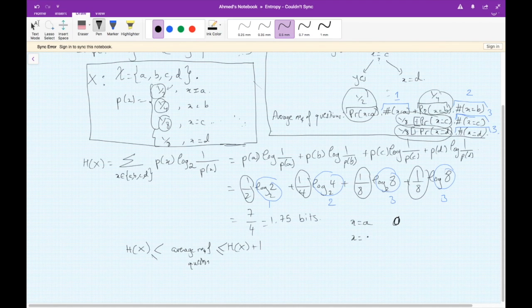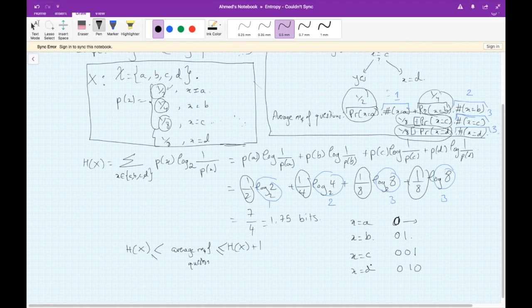And x equal to b, model it as 2 bits, 0, 1, let's say. x equal to c, model it as 3 bits, 0, 0, 1, and x equal to d, also 3 bits, 0, 1, 0. So as you can see, the number of bits is equal to the number of questions that we're asking. So 1, 2, 3, 3. You can see 1 bit, 2 bits, 3 bits, 3 bits. But of course, they should be distinct, right? If they're the same, that means you're modeling the same outcome.